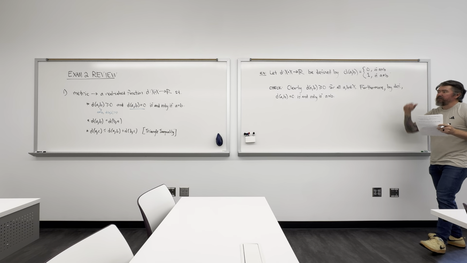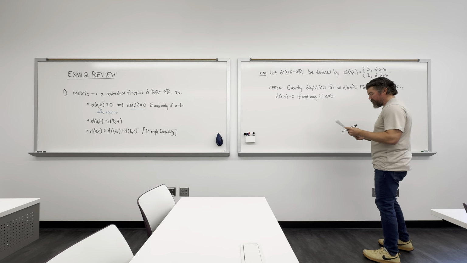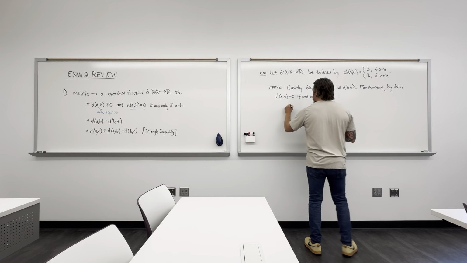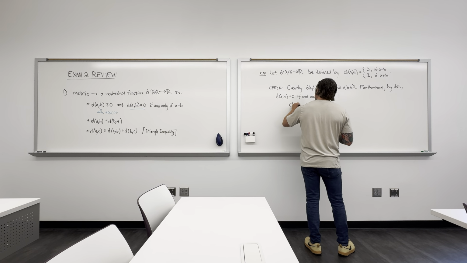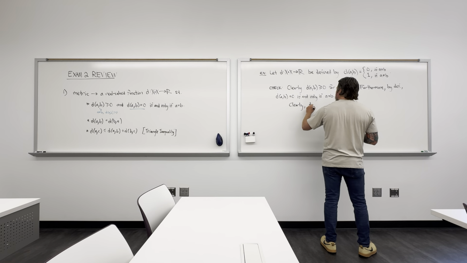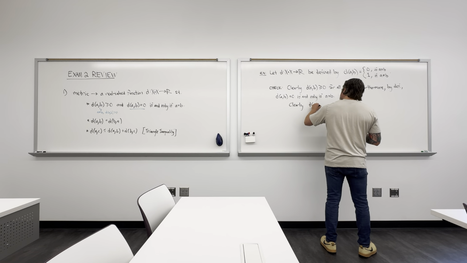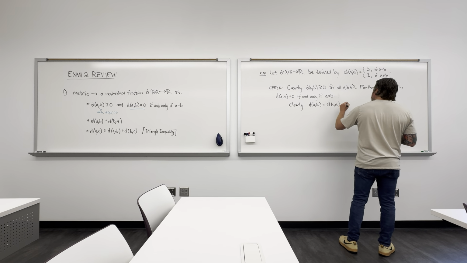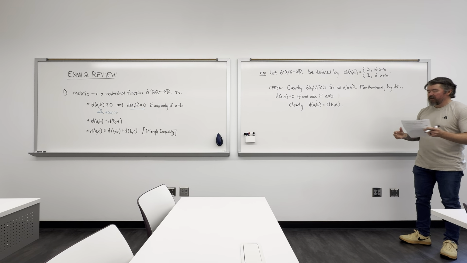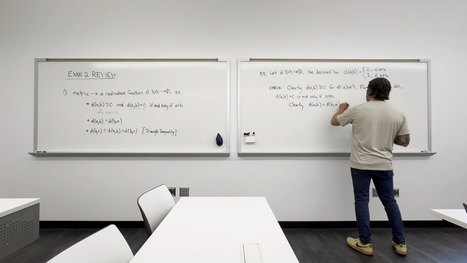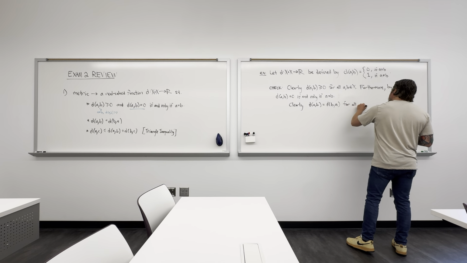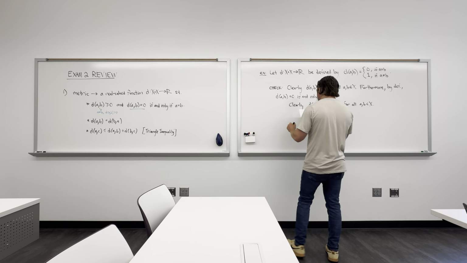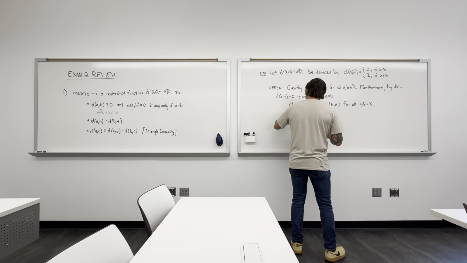This is how we defined our metric here. Okay, so it's easy to check. Clearly, D of AB equals D of BA for all A, B in X, and you can give a quick little argument on this. So let's finally check the triangle inequality.